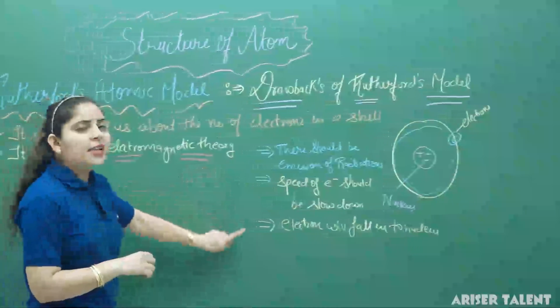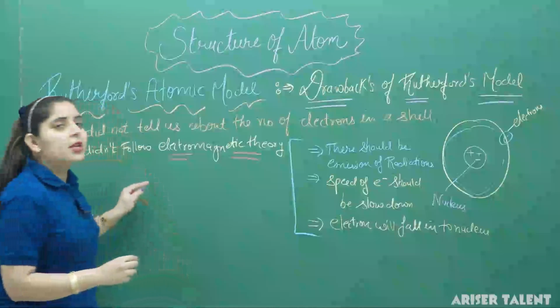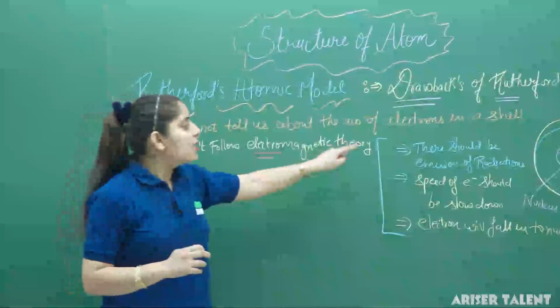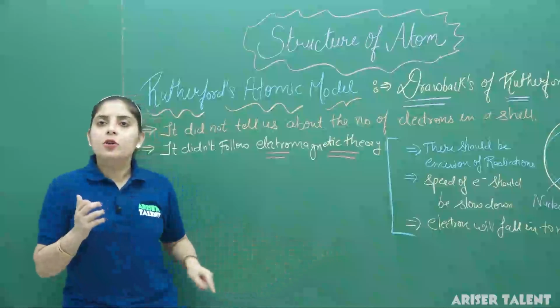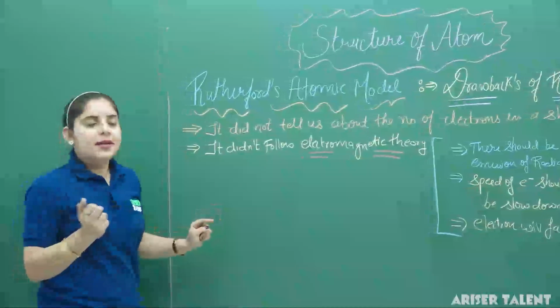But these conditions did not happen in Rutherford's experiment. So Rutherford was not able to explain the electromagnetic theory of radiations, and this point was discarded by other scientists.